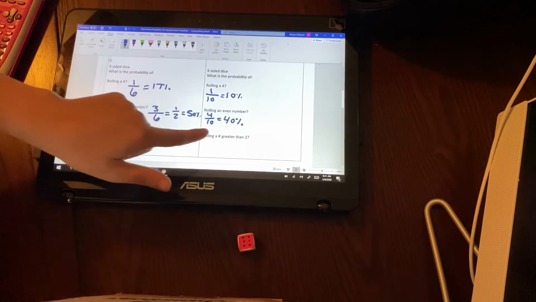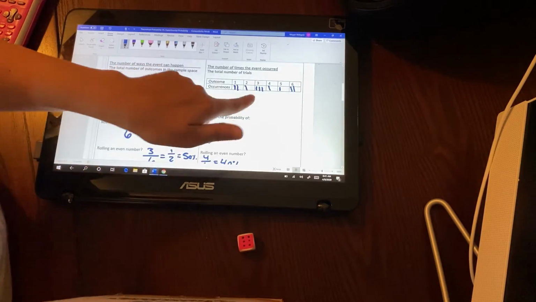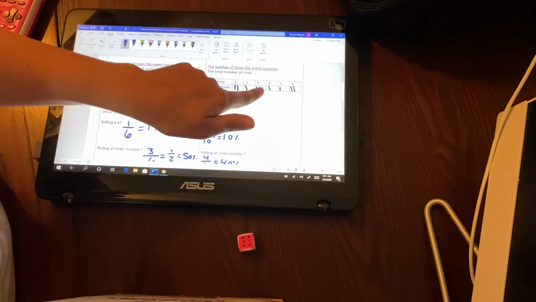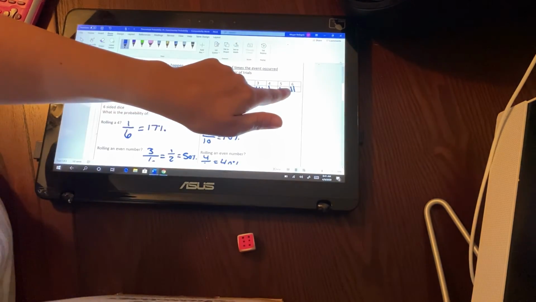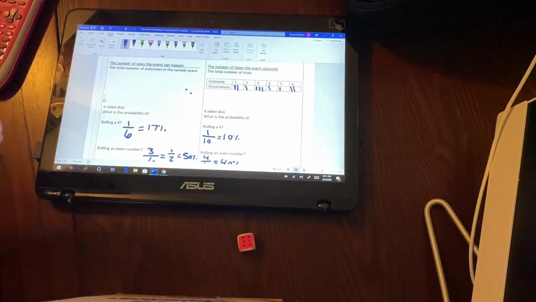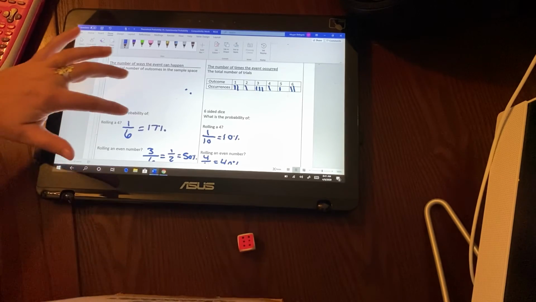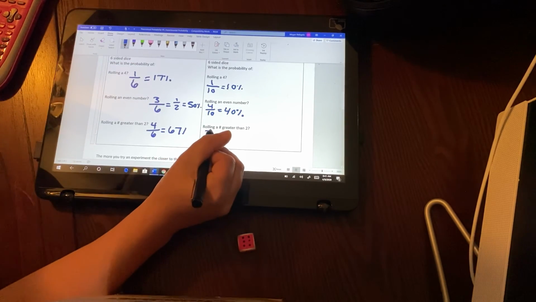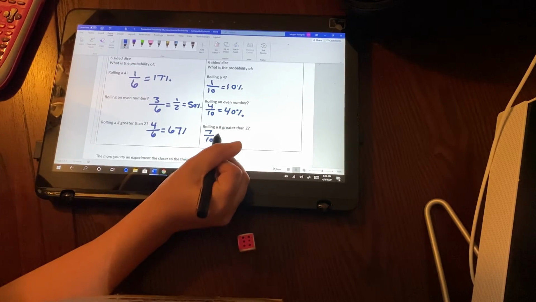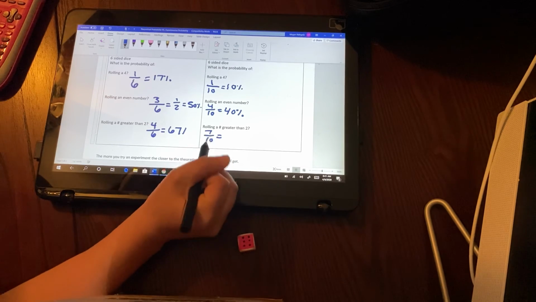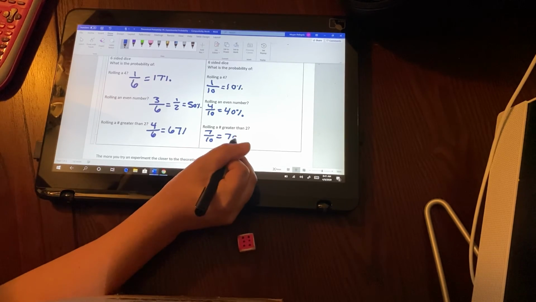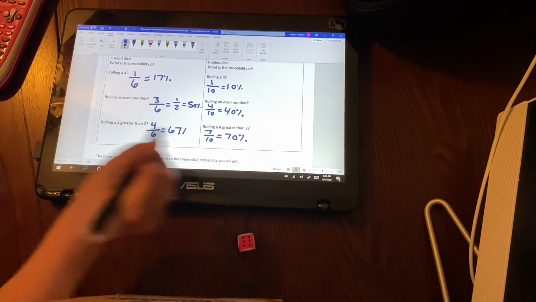And then rolling the number greater than 2. So what happened? We had 3, 4, 5, 6, 7 rolls that were greater than 2. So 7 out of the 10. So 7 divided by 10 is 0.7, which is 70%.